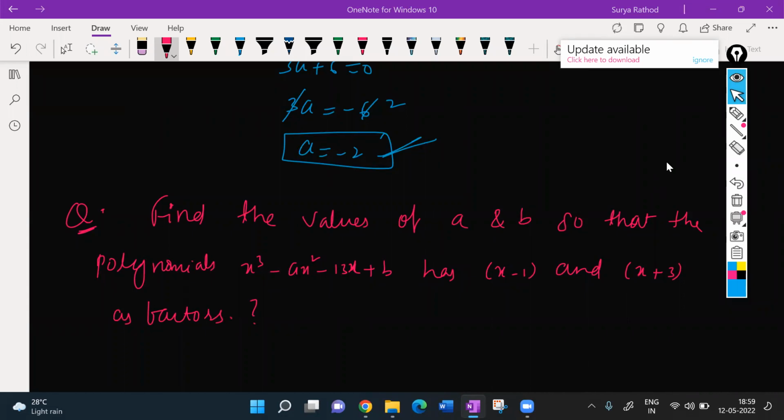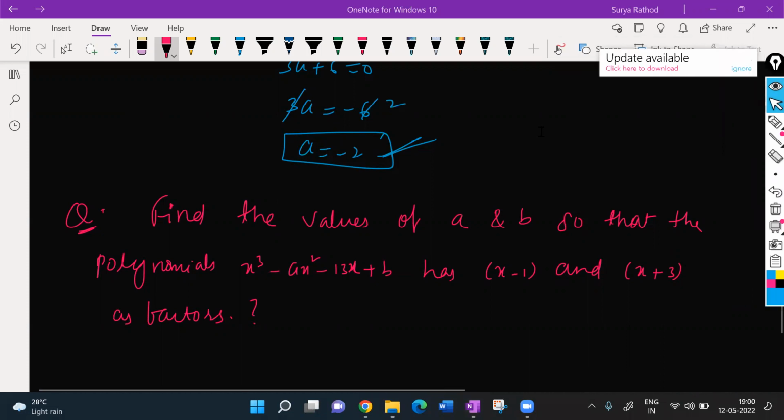Sir, I'll solve and tell you. Yes. You tell me the procedure alone. Sohan Ram also will be giving me the procedure now. Sohan Ram, are you here? Sohan, are you here?